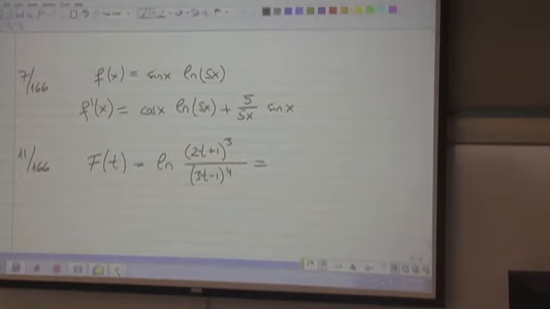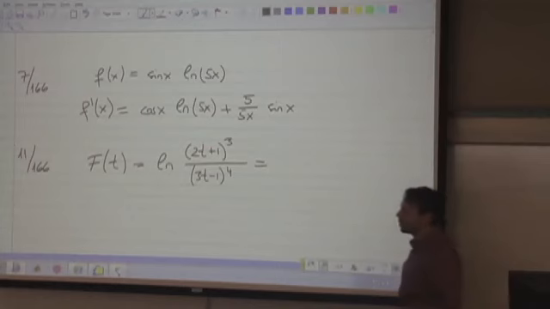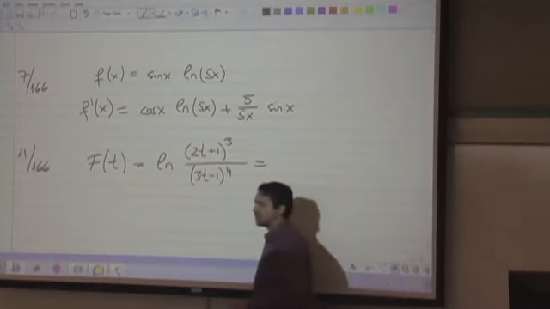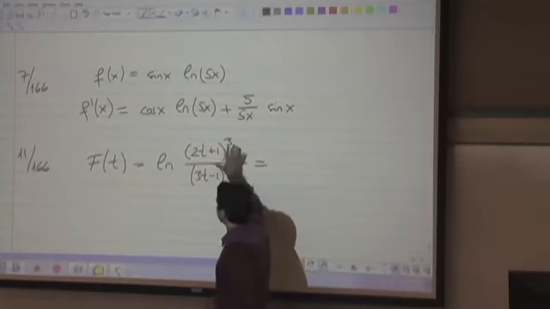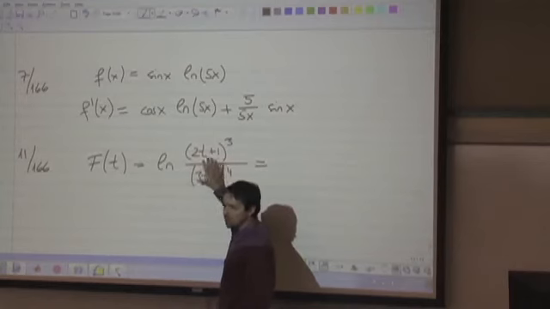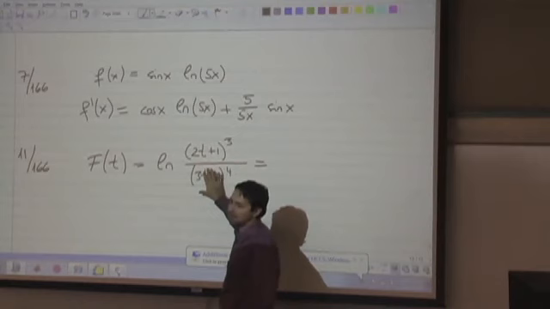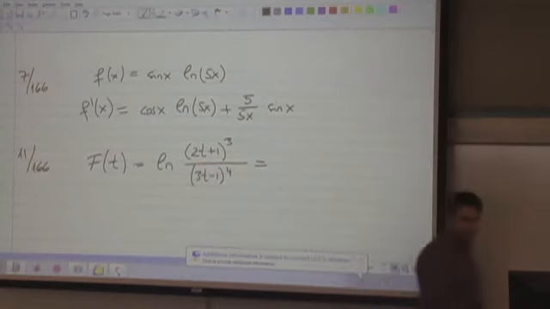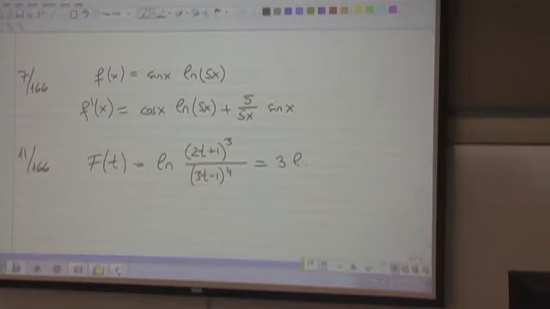So the one thing I could potentially do is actually apply the formula for the derivative of ln. So it'll be 1 over this lovely creature times the derivative of this. But do we really want to take the derivative of this? So what can we do? Laws of logarithms tells us that that's just 3 times ln of 2t plus 1 minus 4 times ln of 3t minus 1.